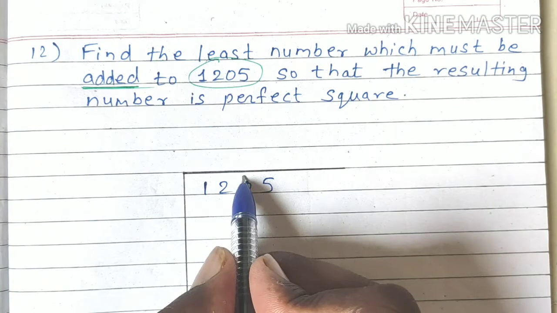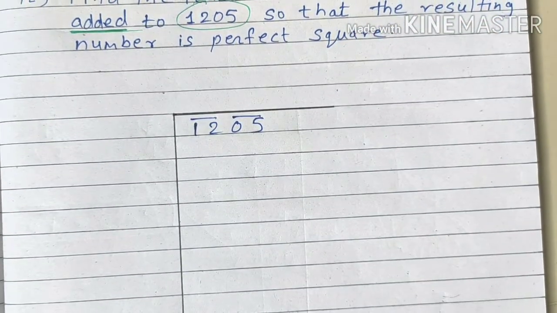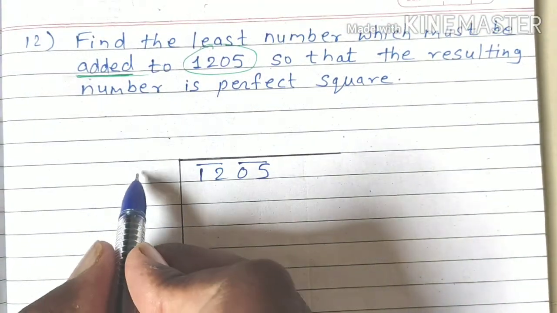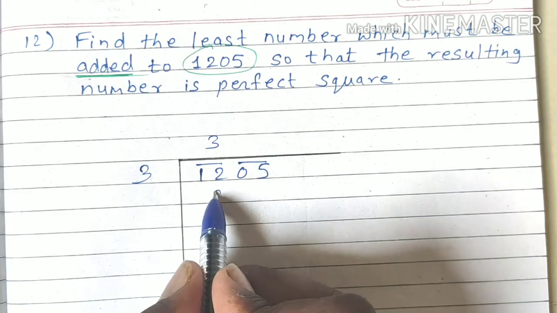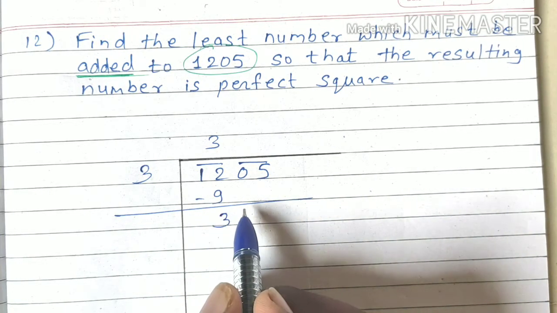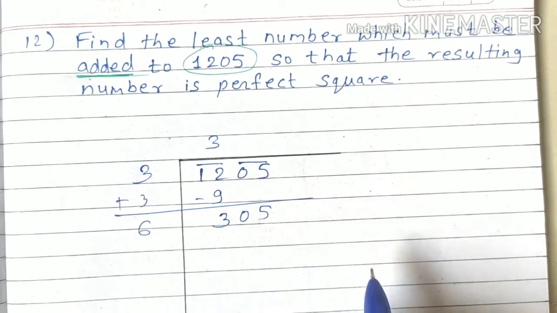So let us find the square root of this. Whose square is less than 12? It is 3. 3 square is 9. So 12 minus 9 is 3. 0, 5 will come down. Plus 3, it becomes 6.